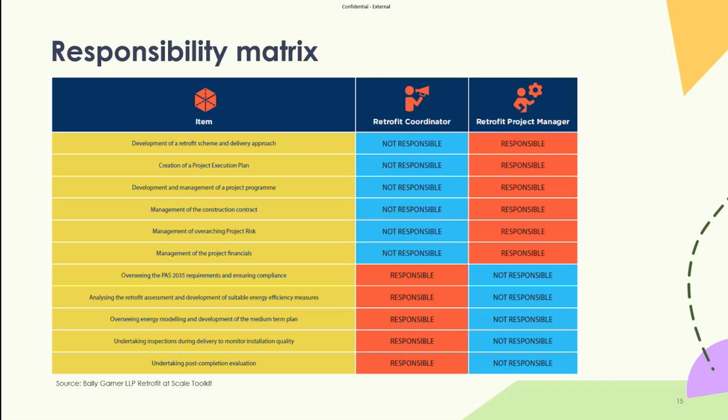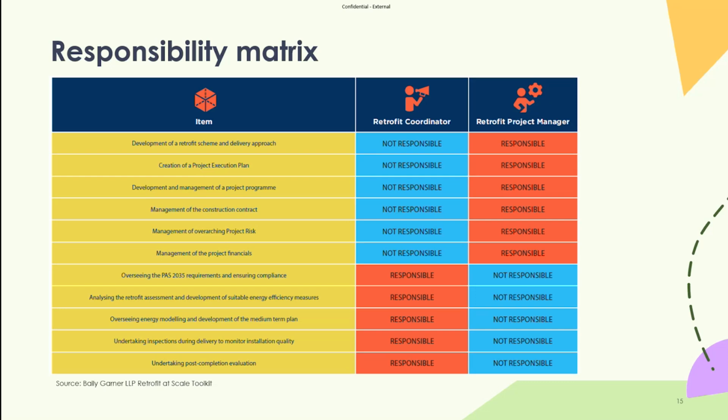But then also we've labeled it a retrofit project manager, but that's just almost for the purposes of this table. It could be undertaken by a client project manager, a contract administrator, but it illustrates some of the key activities that will really make retrofit a success.